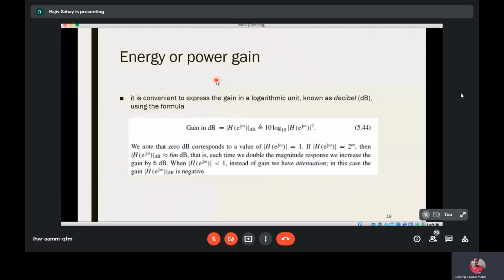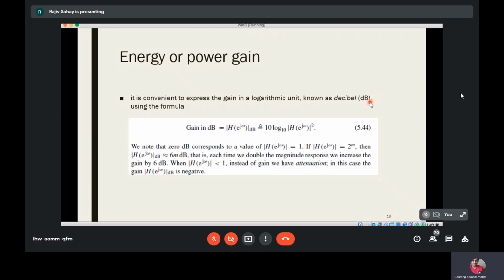So generally, we express the gain of the filter or the LTI system using logarithms. This has some advantages, so we'll see that, and the unit is generally kept as decibels.